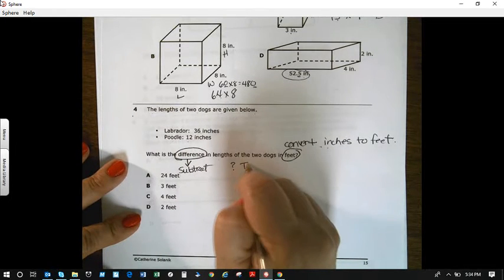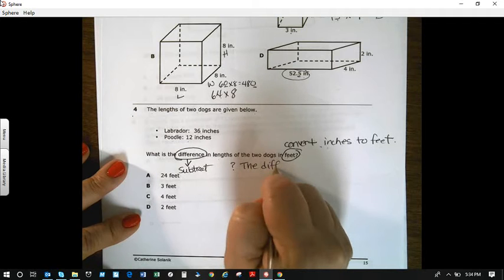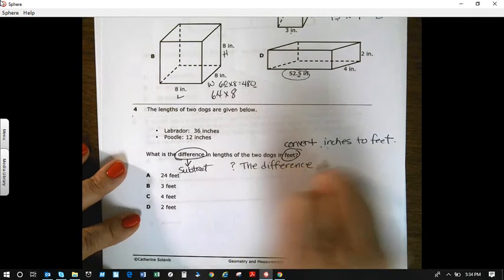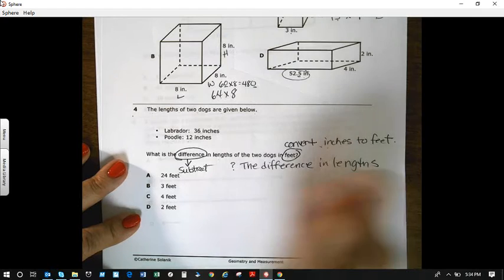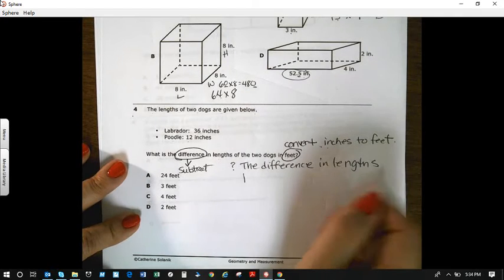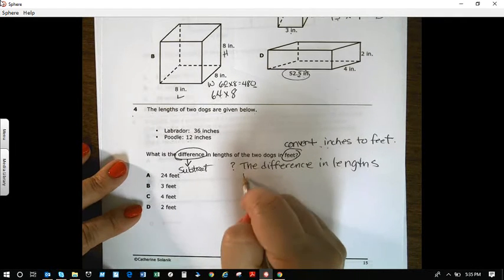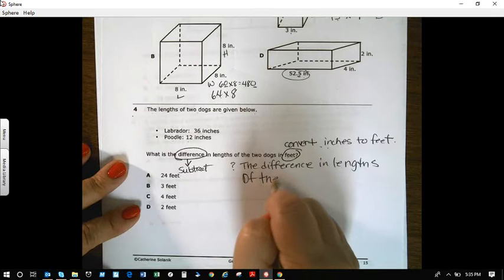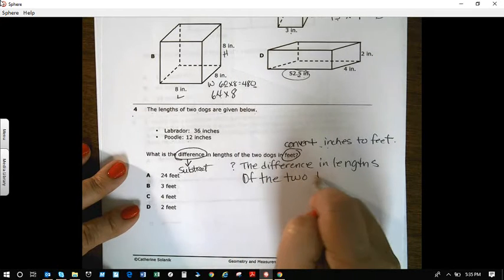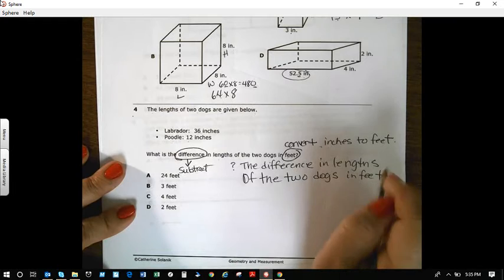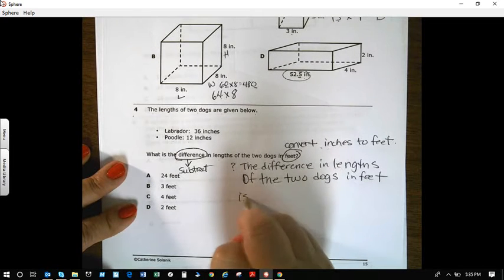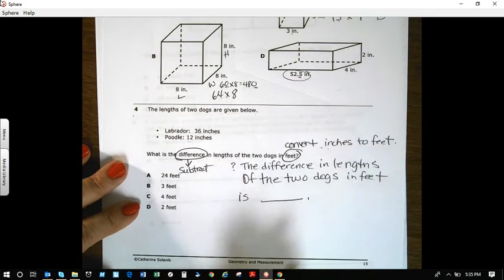So I'm going to put the difference in lengths of the 2 dogs in feet is blank. Okay? All right.